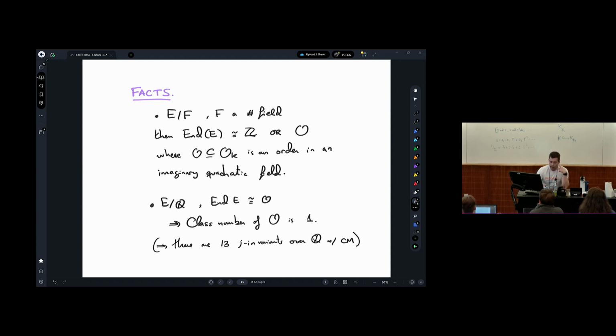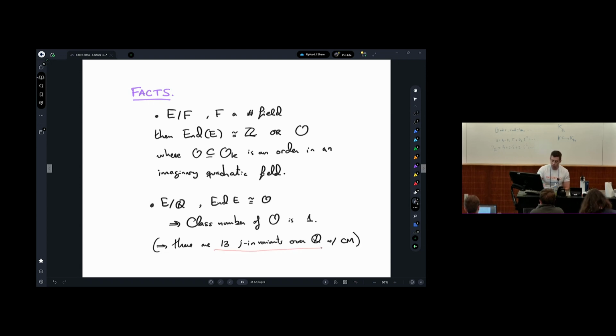And moreover, really interesting, and this is one of the first connections with class field theory, is that if you have an elliptic curve over Q and the endomorphism ring is an actual order in an imaginary quadratic field, then the class number of that order has to be 1. And that alone tells you there are only so many imaginary quadratic fields of class number 1, and only so many subrings or orders of imaginary quadratic fields that have class number 1.